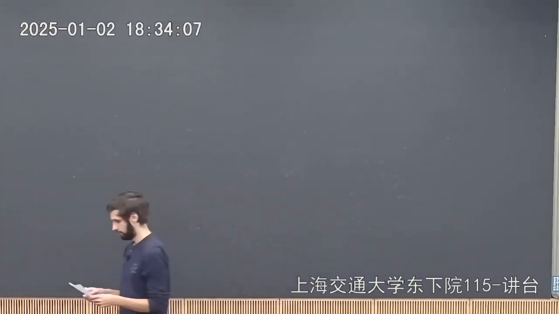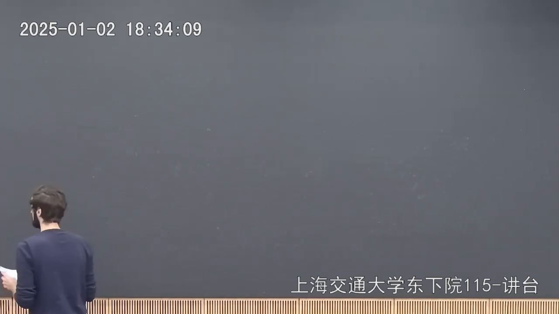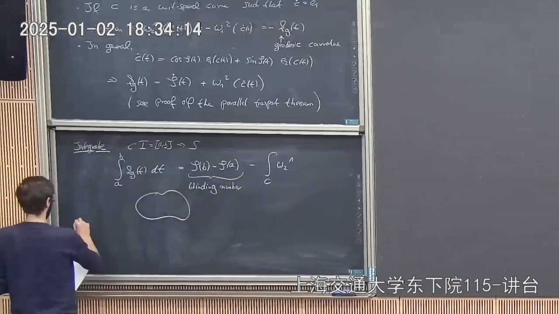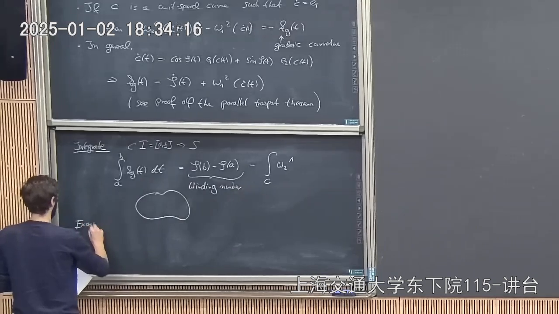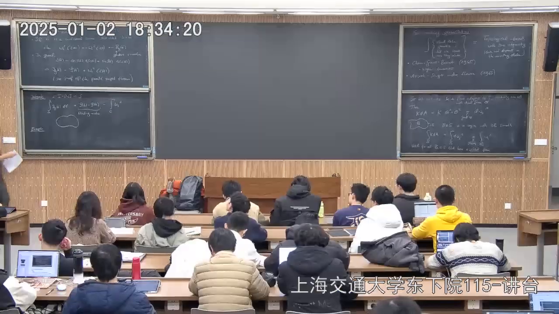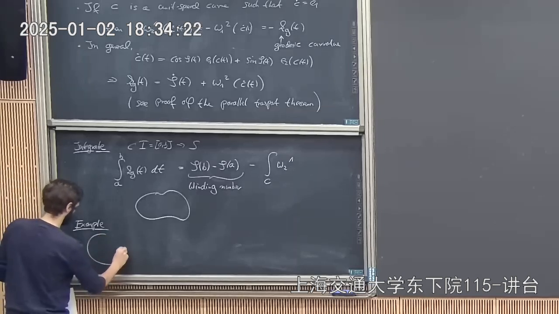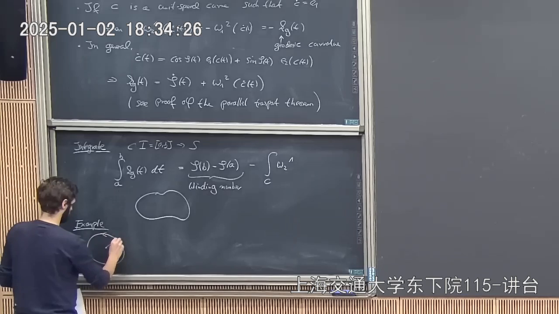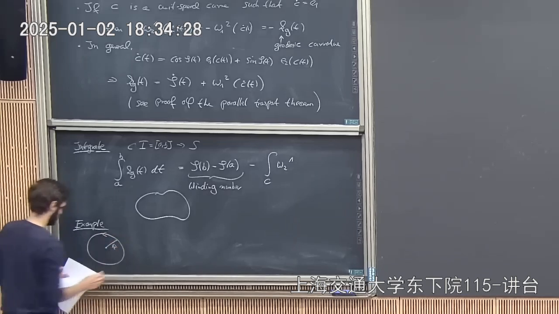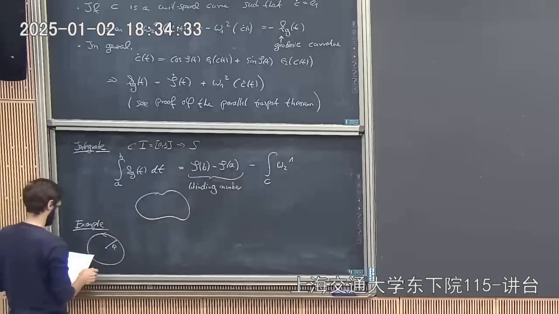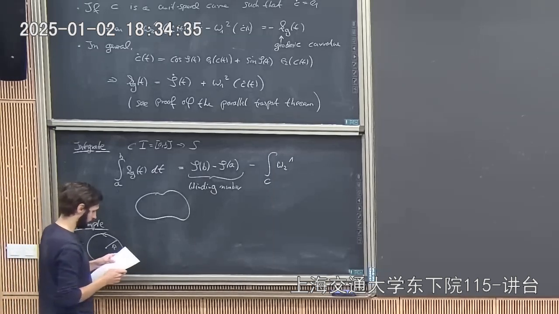Maybe it's also nice to do an example here. We take in the plane a circle of radius r. That's a loop, and we walk around it counterclockwise.